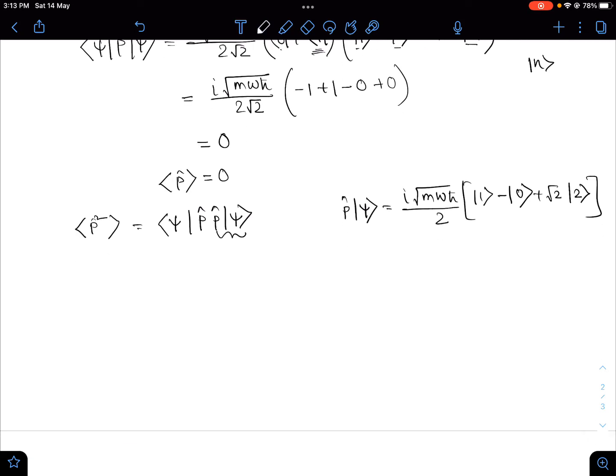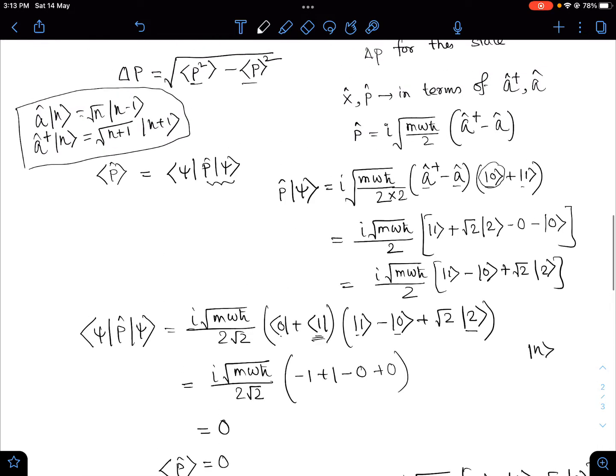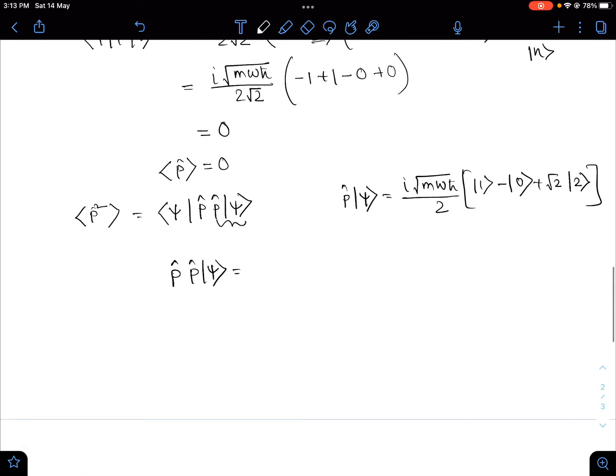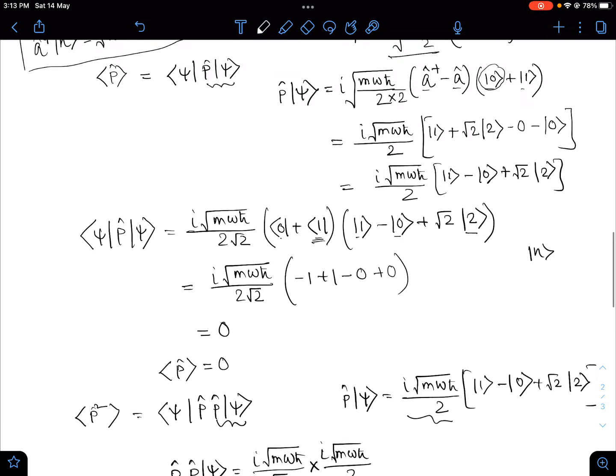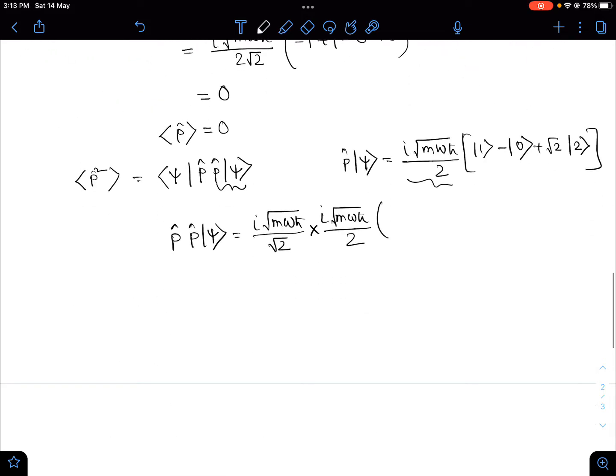If we again apply the P operator on this, so let us operate P on P|psi>. P we know is defined as this, so it will give us i root(m h cut omega by 2), and P is (a dagger minus a), acting on |1> plus root 2 |2>.